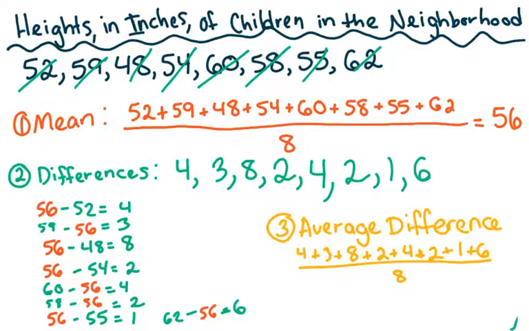The sum is 30, and when you divide 30 by 8, you get a MAD, or mean absolute deviation, of 3.75 inches. This tells us that overall, there is not a lot of variation in this data as it relates to the mean. The average child is only 3.75 inches away in height from the mean height.